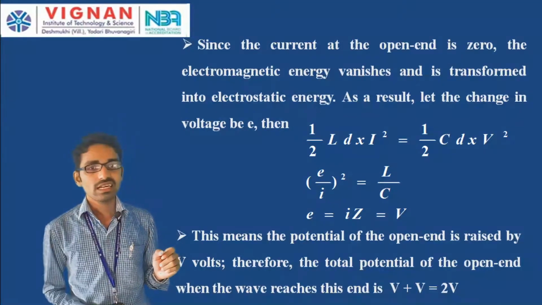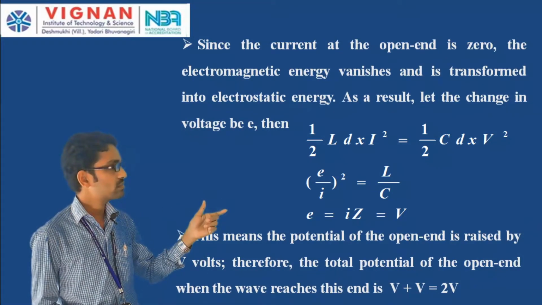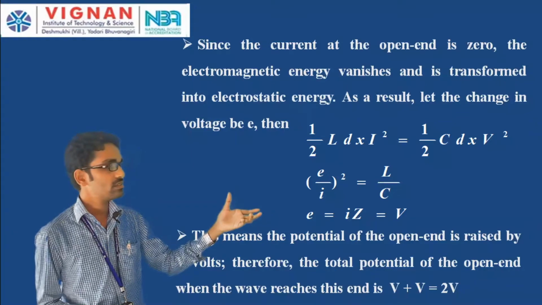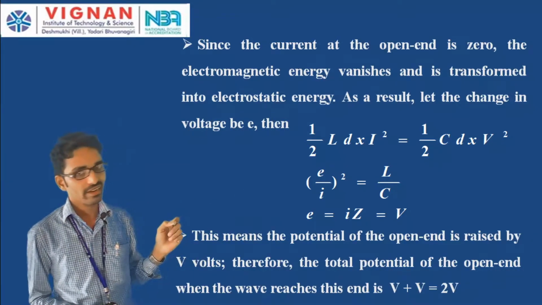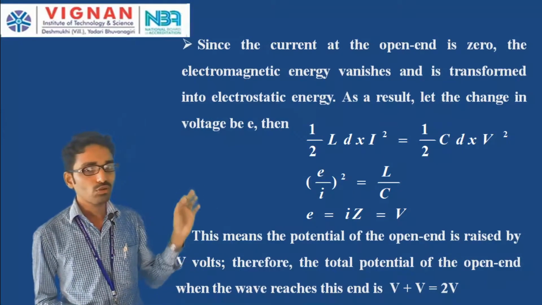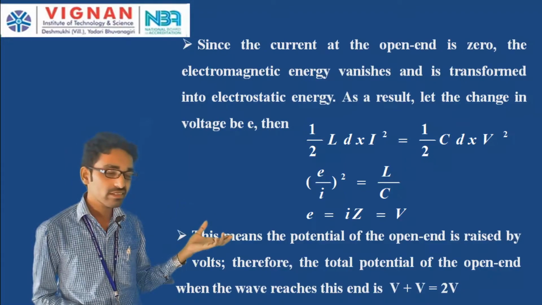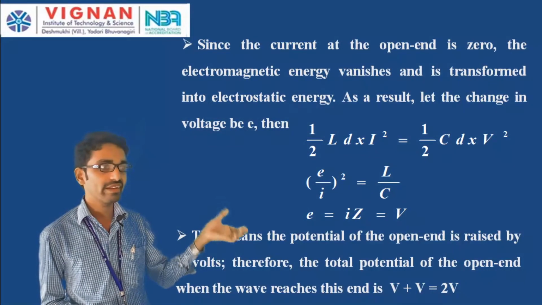Since the current at the open ended line is 0, because it is open, which means there is no path to flow the current, the electromagnetic energy is going to vanish, because electromagnetic energy is nothing but half L dx I square.